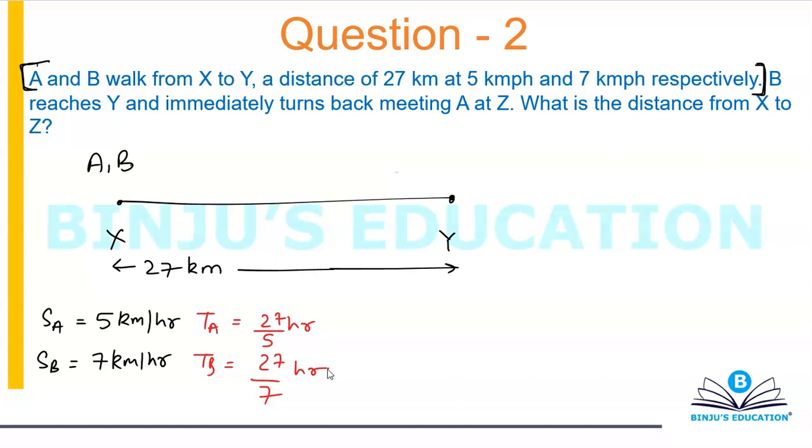B reaches Y and immediately turns back, meeting A at Z. Okay, so B reaches Y. So what's going to happen? B would be here.